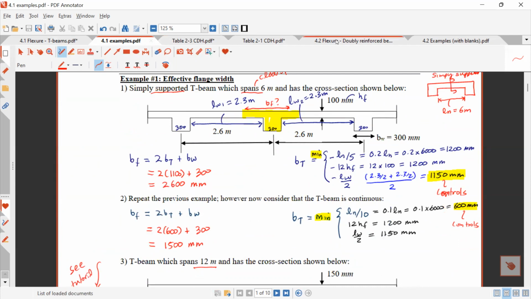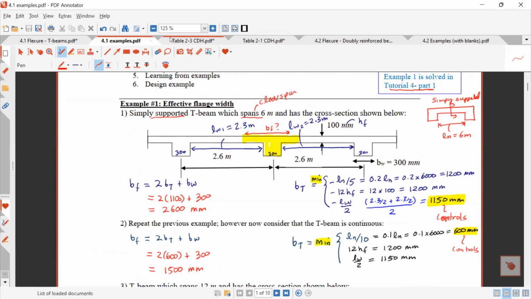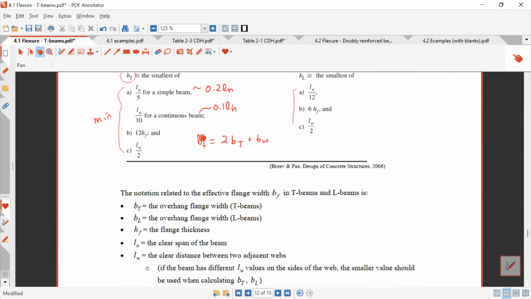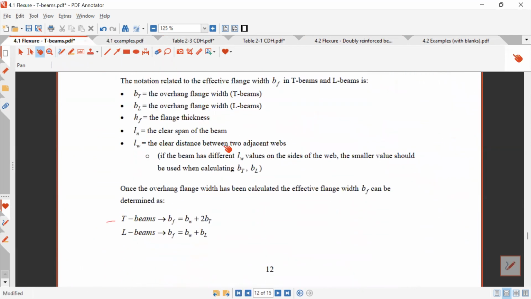All right, so why is LW 2.3? Okay, so LW, I have to look here. LW is the clear distance between two adjacent webs. If the beam has different LW values on the sides of the web, the smaller value should be used when calculating BT and BL.